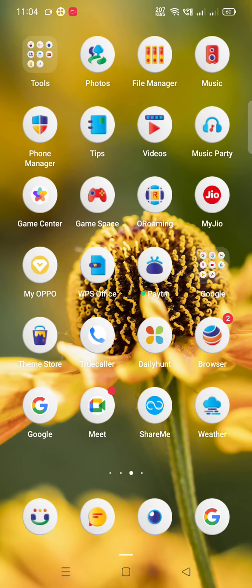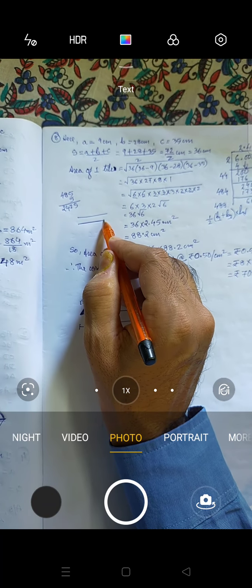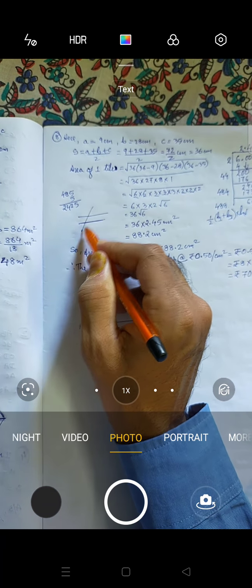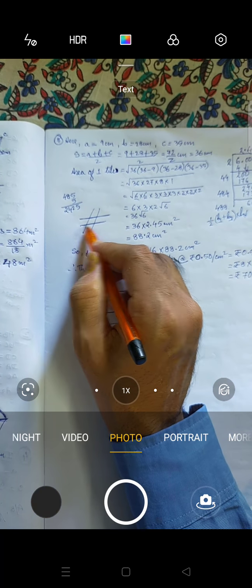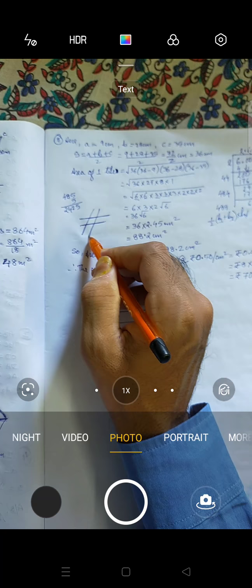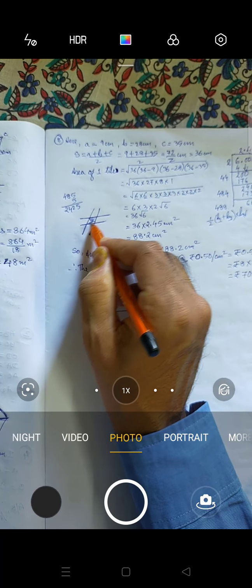Always remember that if two parallel lines are intersected by another pair of parallel lines, then it will form a parallelogram.